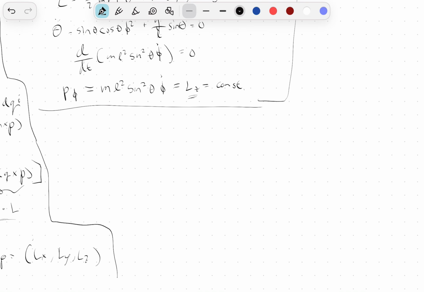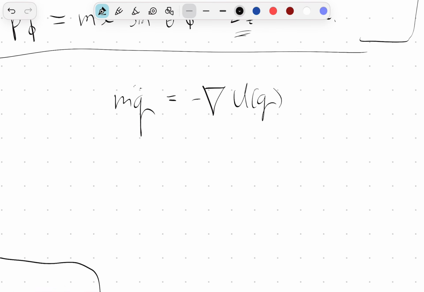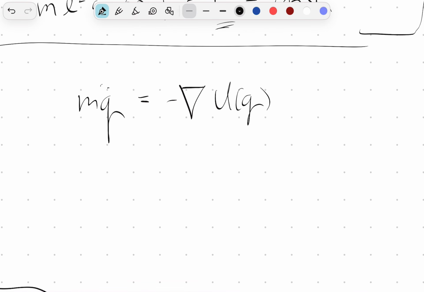So let's say we have m q double dot is the gradient of a potential here, where the potential is homogeneous. That basically means we can write that this potential scales by lambda from the inside, that we can write it to degree k in general.